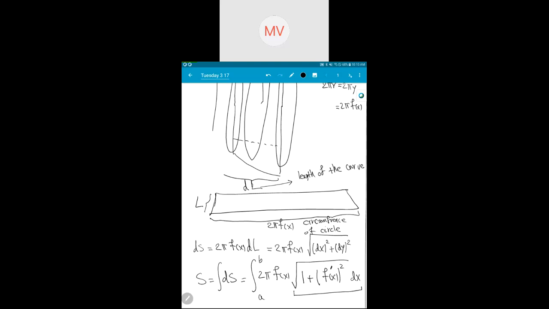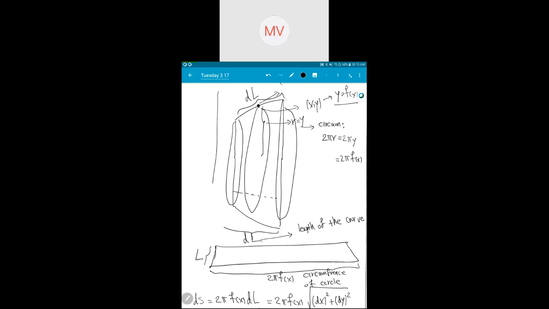Let me go up. So this piece of the curve, the one that I circled, with the length of, what was the length of that? It was the square root of 1 plus f prime of x squared, dx.